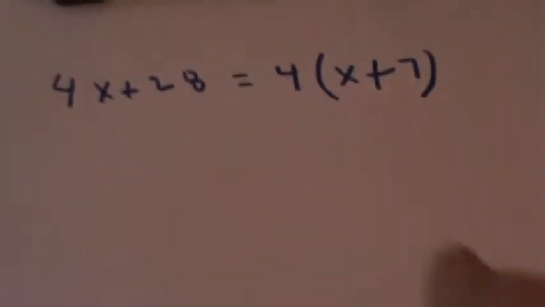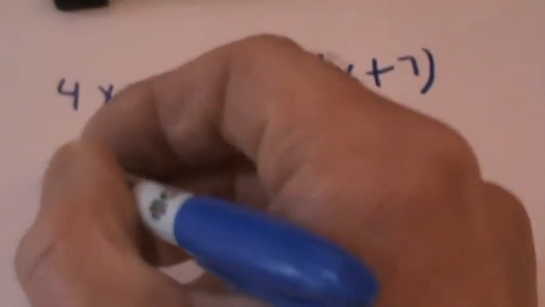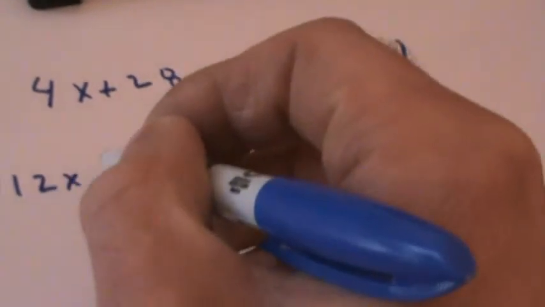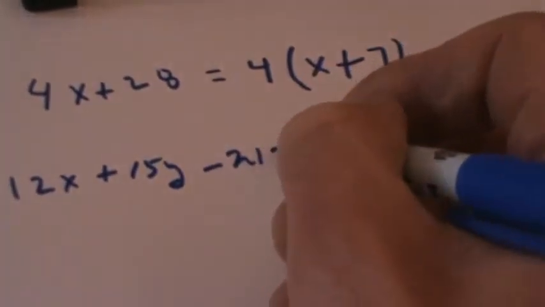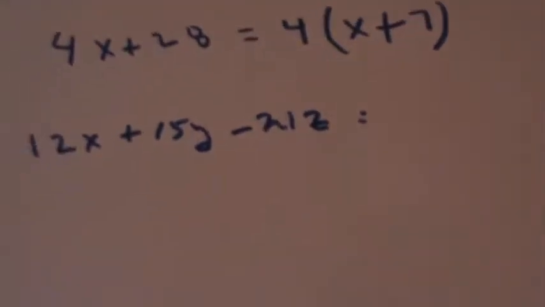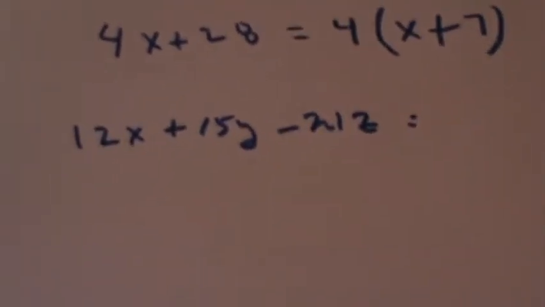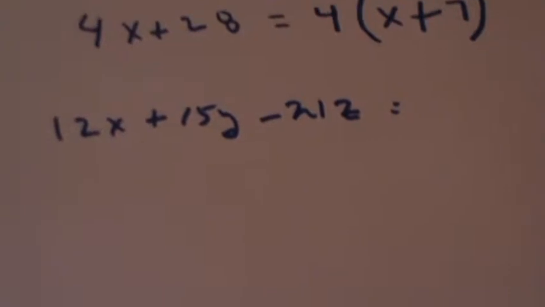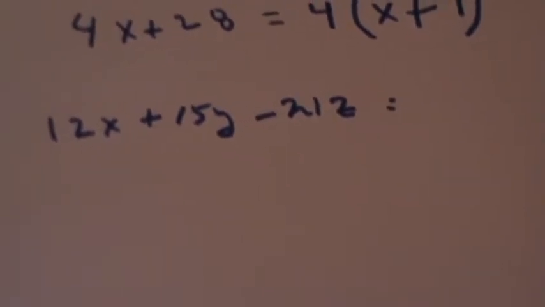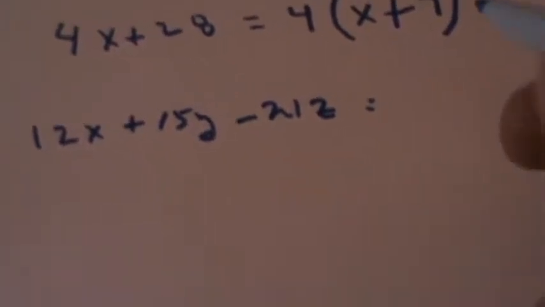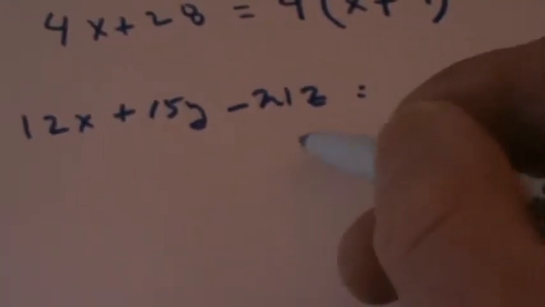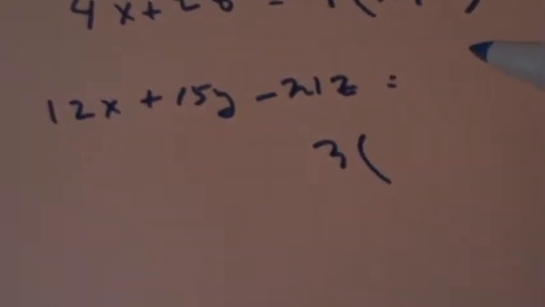Now if we take another example, we do the same basic thing for something like this. You've got 12x plus 15y minus 21z. In this case, we're looking at the numbers 12, 15, and 21. The greatest common factor for those three numbers turns out to be the number 3. So we'll put the 3 on the outside, and then we'll go 3 times what gives you 12x.